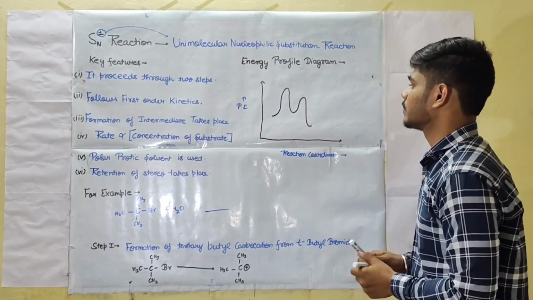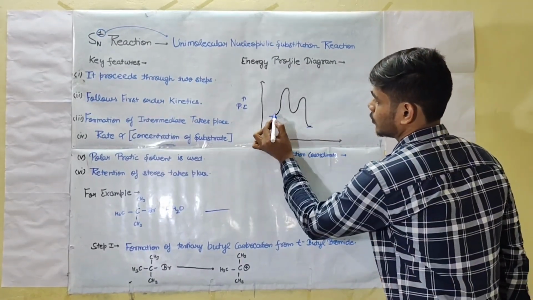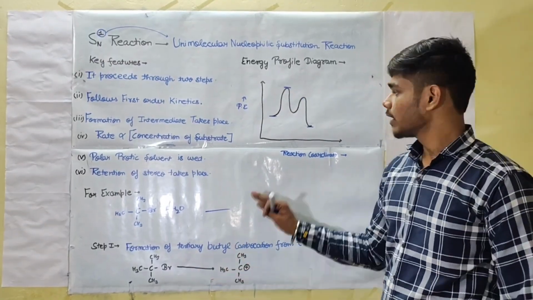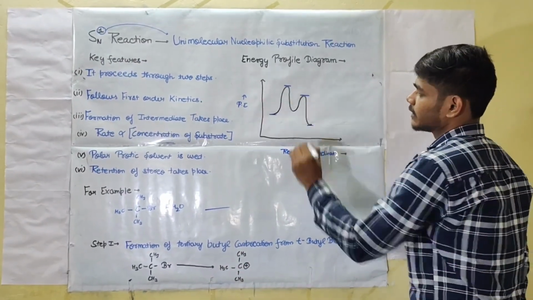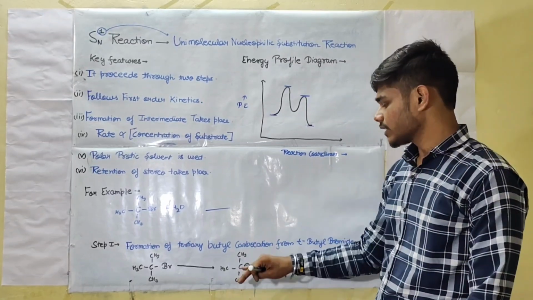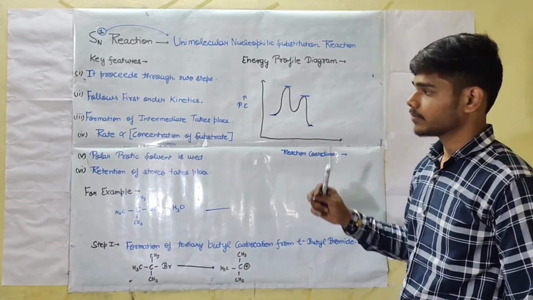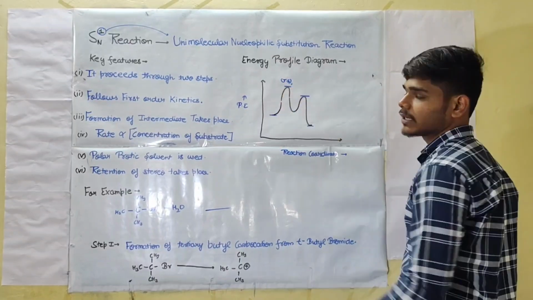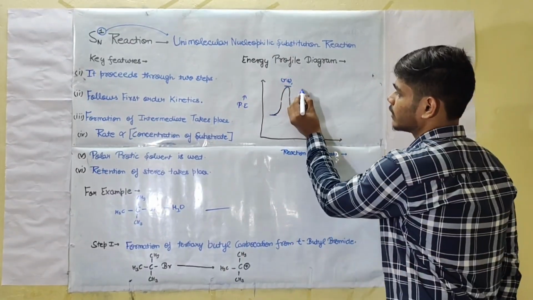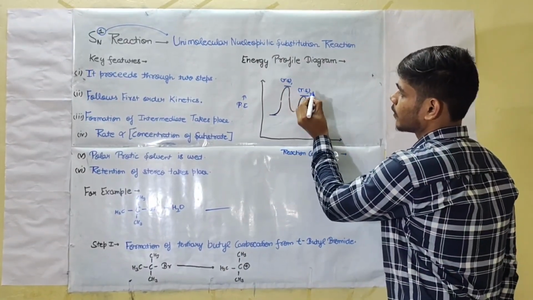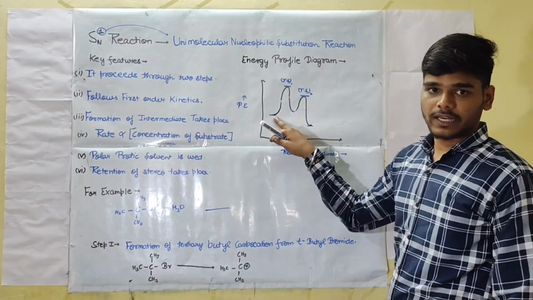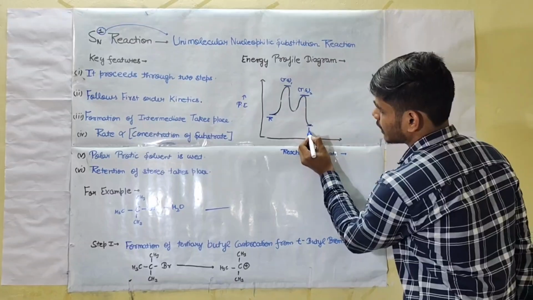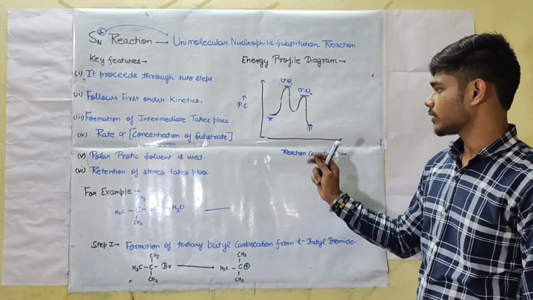So if we draw the reaction coordinate energy profile diagram, we see that it has two humps. The first hump shows the transition state formed in the first step and the second hump shows the transition state formed in the second step. So we can write it as TS1 for transition state 1 and TS2 for the transition state 2, where the first point shows the reactant and the last one shows that it is product.